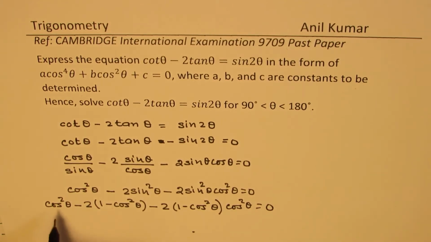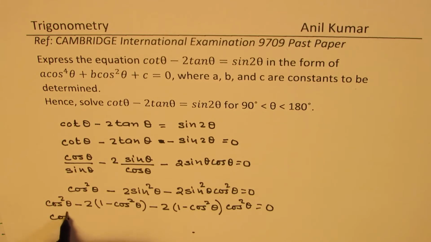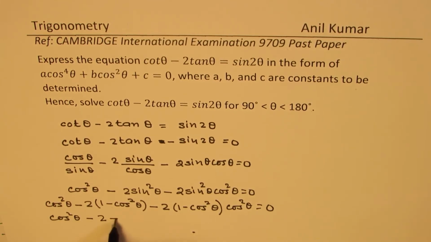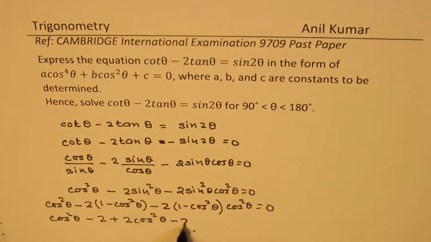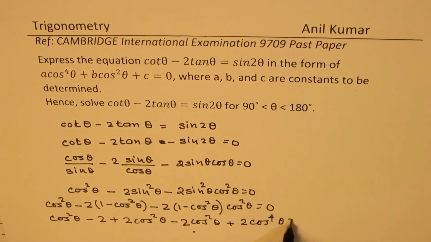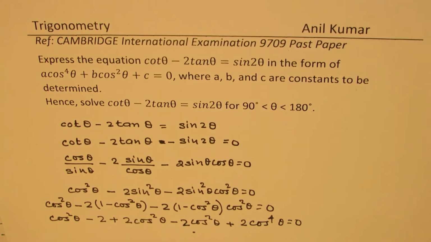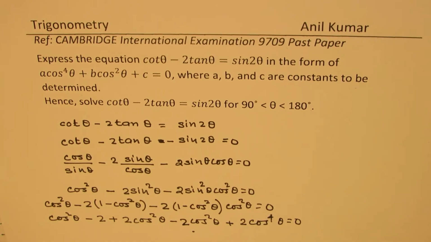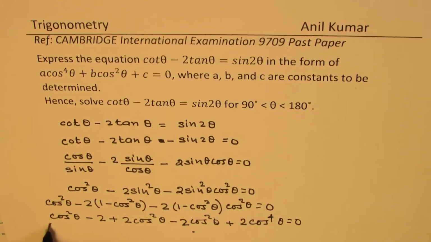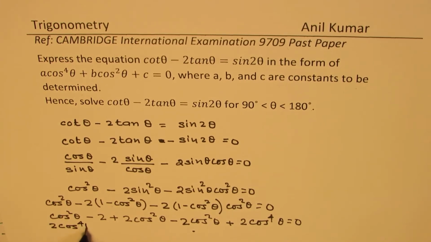Now if you open the bracket, you get cos square theta minus 2 plus 2 cos square theta, again minus 2 cos square theta, and minus minus becomes plus 2 cos to the power of 4 theta equals 0. Now we can combine all these terms and write what we need. So the term in the power of 4 is 2 cos to the power of 4 theta.